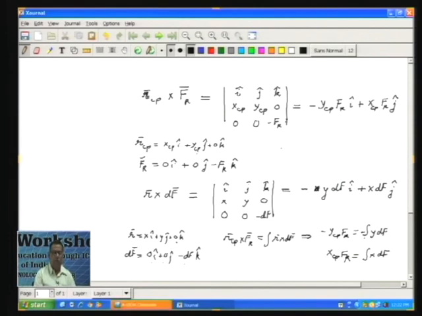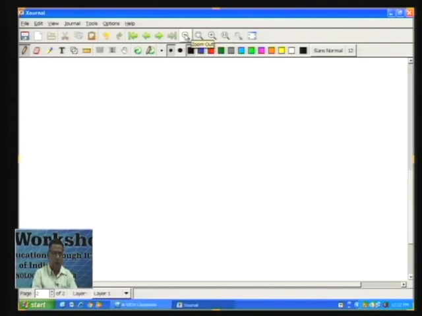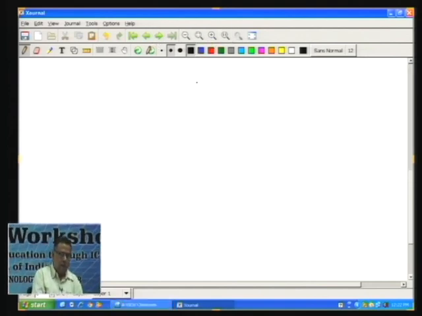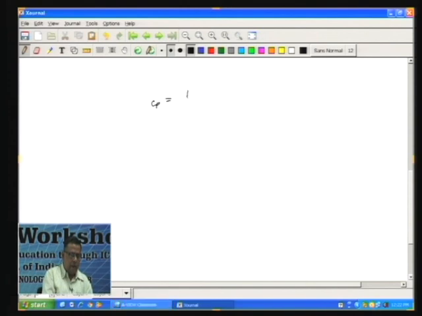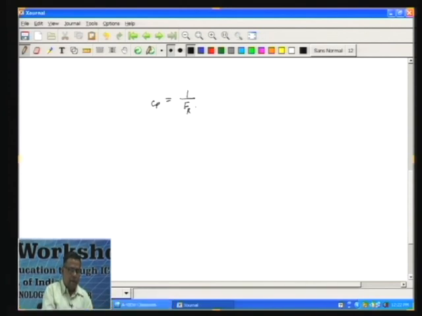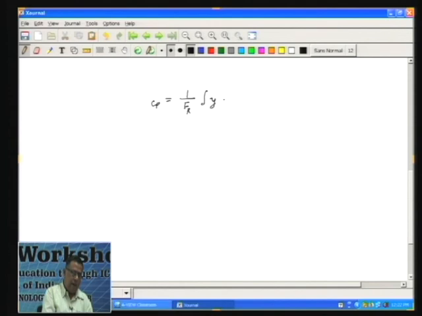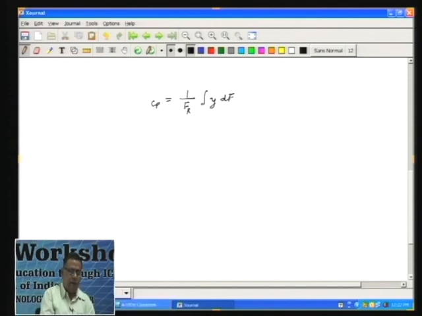So, it cancels out, and you can write y_cp as 1 upon F_r into integral of y dF. dF is here the scalar. So, this is 1 upon F_r integral of y, and dF is p dA.